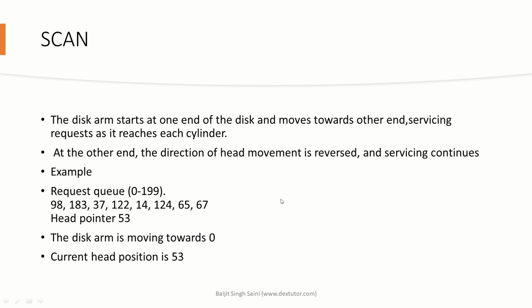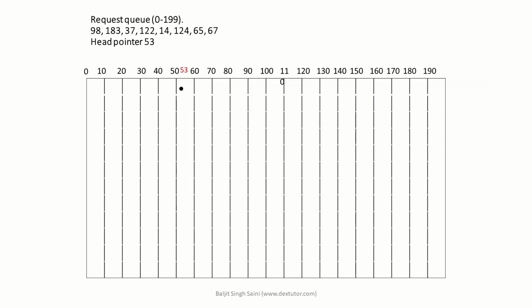And servicing continues. The example is the same as the previous. The disk arm is moving towards 0 and the current head position is the same, 53. Here it goes to 37, then 14.